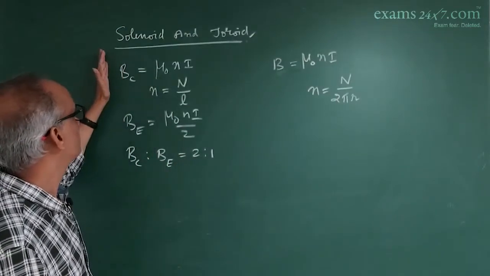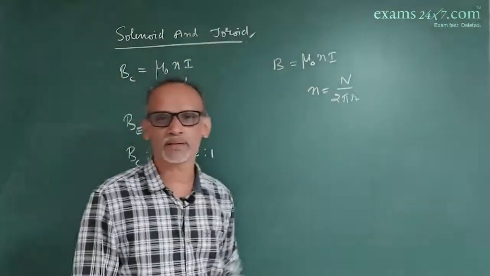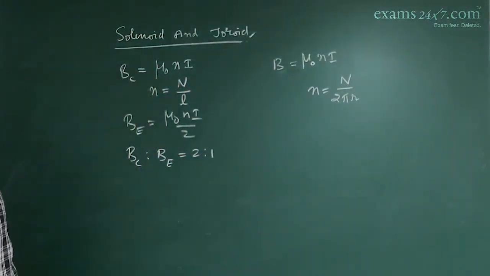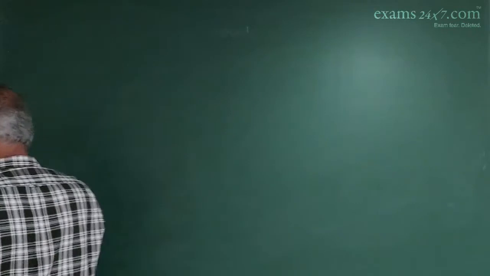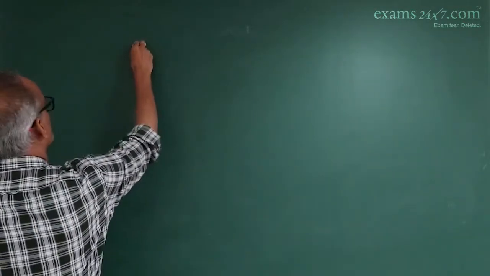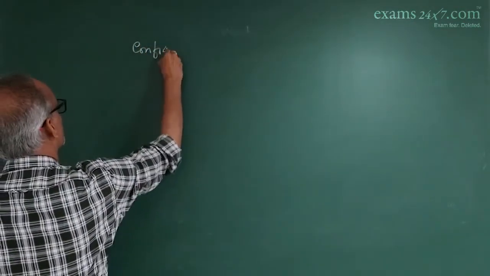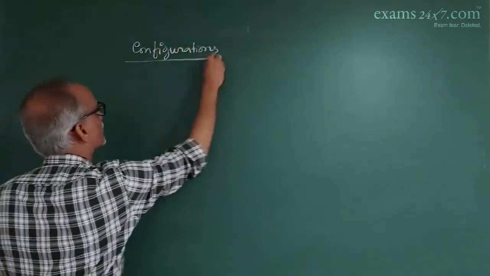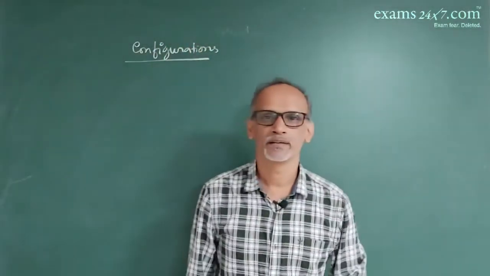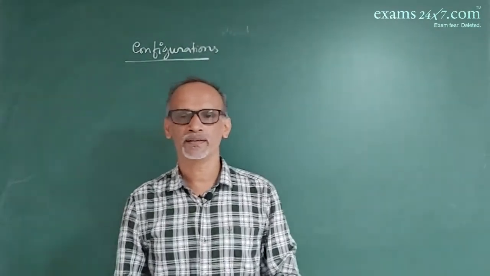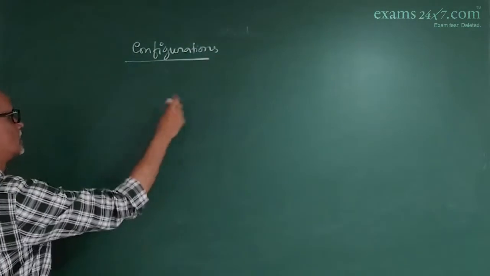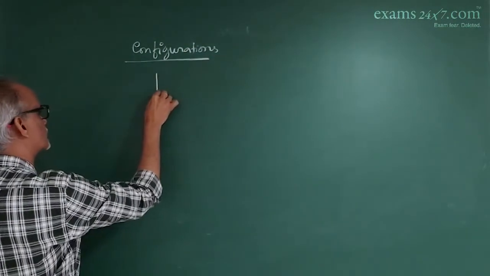One is the magnetic field produced by a solenoid, and the other is the magnetic field produced by a toroid. For a competitive exam, they'll give different configurations, and you'll be asked to find the resultant magnetic field at a particular point of the given configuration. Let me give one such illustration.